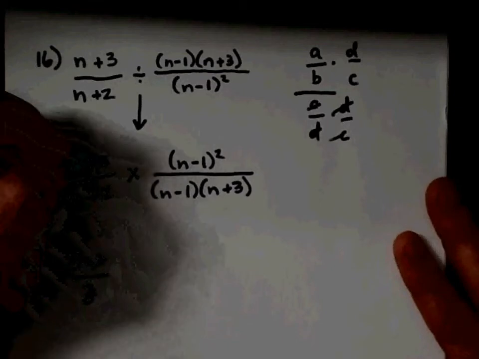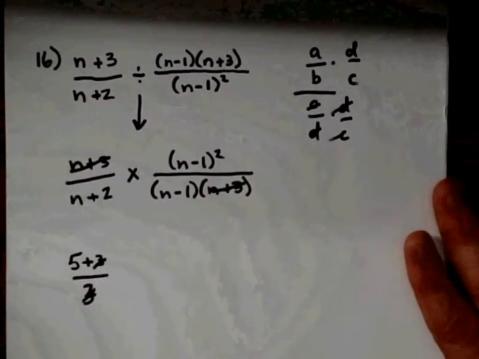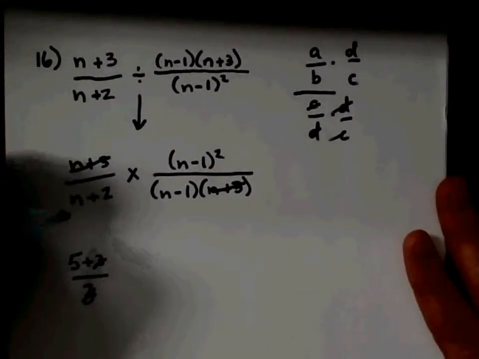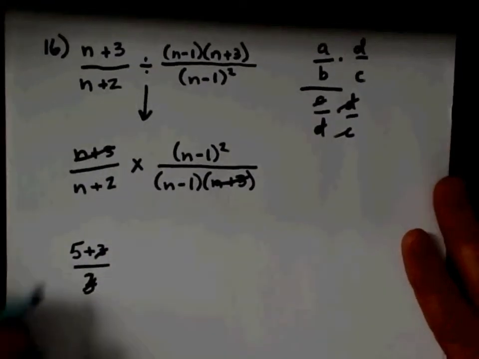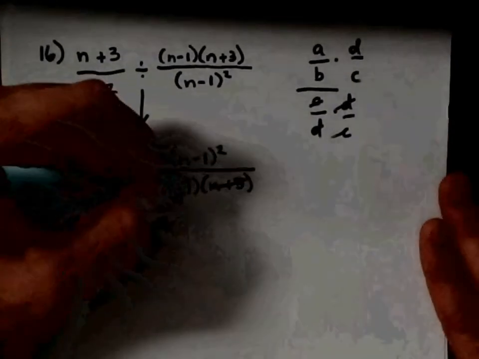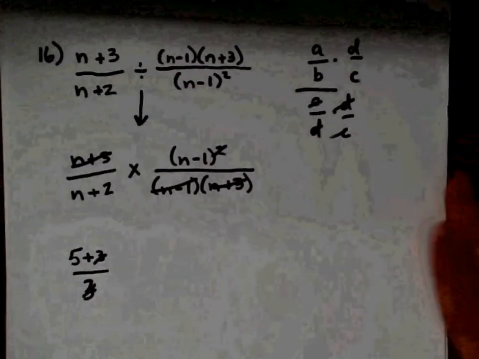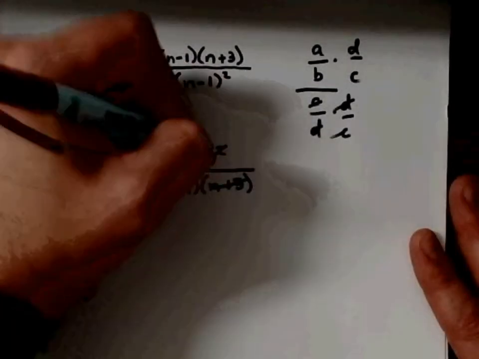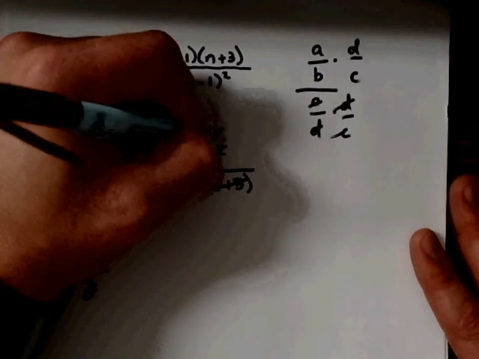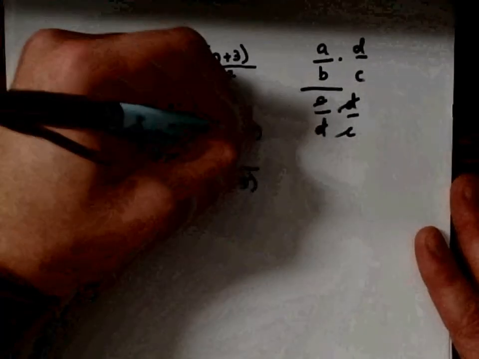So this n plus 3 can cancel with this n plus 3, because we can cancel up and down, not directly across, okay? And so I can cancel one of the n minus 1s, correct? The square, I did, because this is really written as n minus 1 times n minus 1, so I really just canceled one of them.